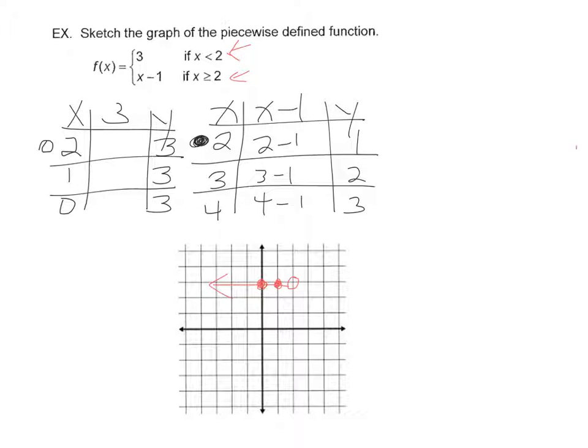Then I'm going to do the second table, and my points are 2, 1, and that's closed, 3, 2, and 4, 3. It's a greater than, so I know I need to go to the right. This one was to the left.